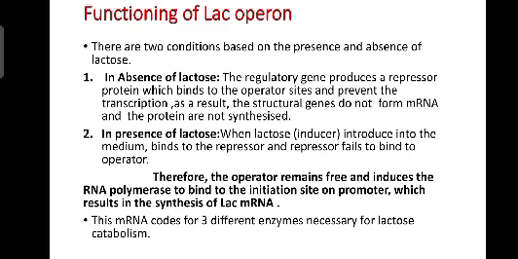Number two, in the presence of lactose, when lactose, that is our inducer, is introduced into the medium, it binds to the repressor and the repressor fails to bind to the operator. Therefore, the operator remains free and allows the RNA polymerase to bind to the initiation site on the promoter, which results in the synthesis of lac mRNA. This mRNA codes for three different enzymes necessary for lactose catabolism.